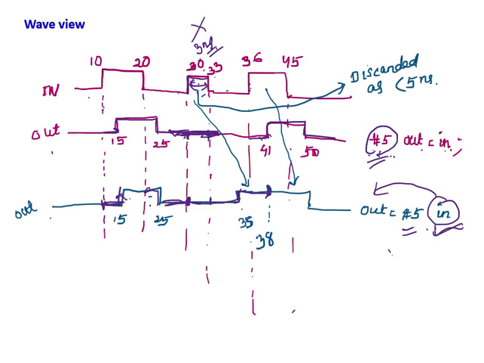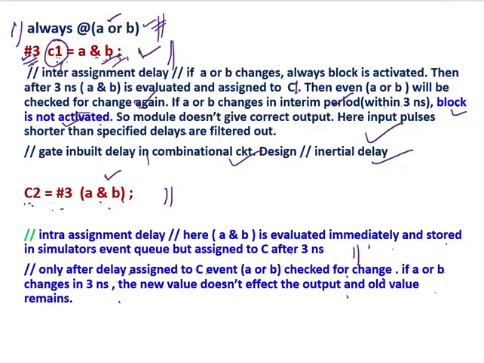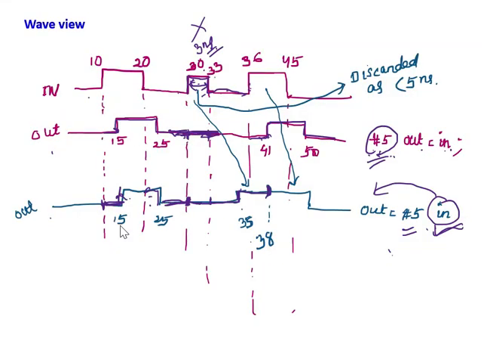Then after 3 nanosecond it is changing again. What it is saying is, if A or B changes within 3 nanosecond, then the new value doesn't affect the output and the old value remains. So here there is a transition from 1 to 0 for less than 5 nanosecond, because 30 to 33 is 3 nanosecond.